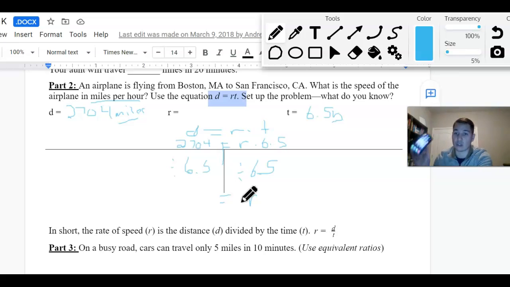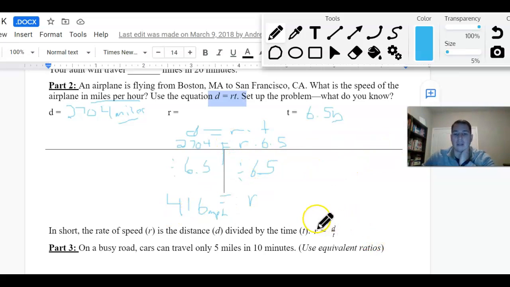So again, you can use your calculators. I'm using my phone. That works. 2,704 divided by 6 and 5/10. We get 416 rate, which is miles per hour. That means that plane flies 416 miles per hour.